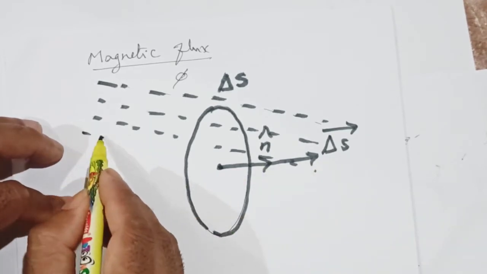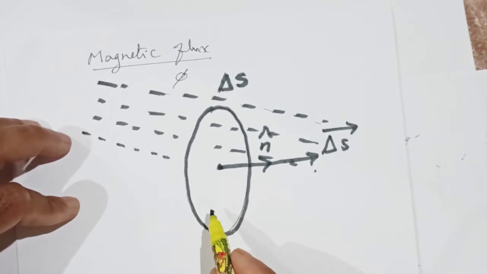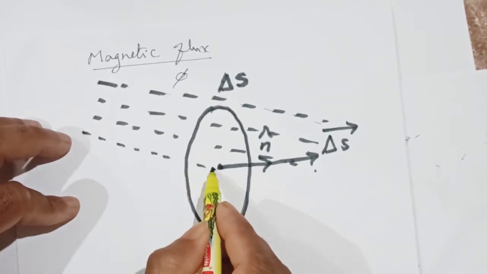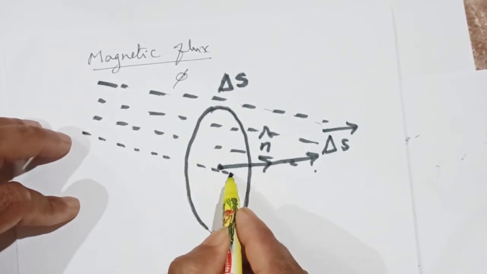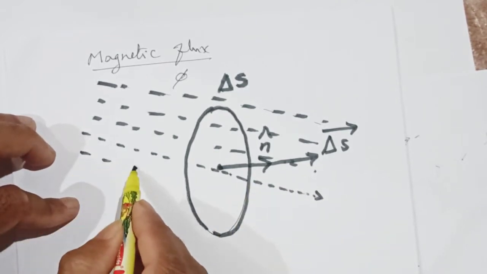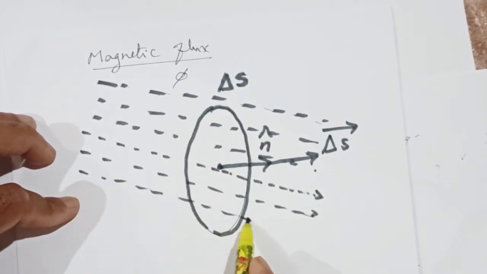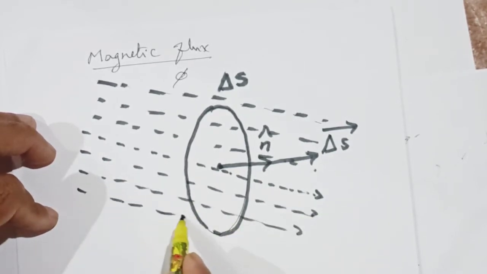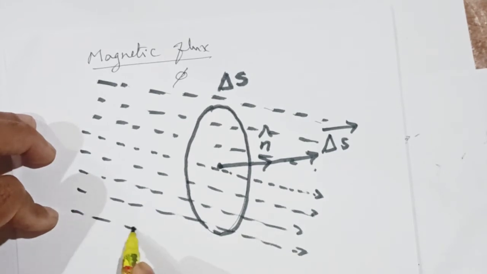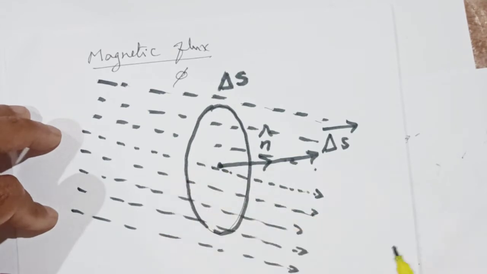We know that when we put this plate inside a magnetic field, it is like this. These are the magnetic field lines crossing or passing through this plate.